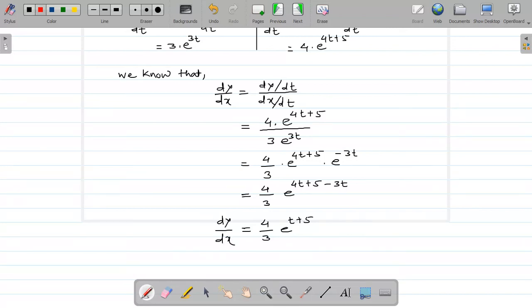So you can simplify like this by just using index rules. So we get the final answer: dy by dx is equal to 4 by 3 into e raised to t plus 5. Try to solve such types of questions from your textbook. Thank you.